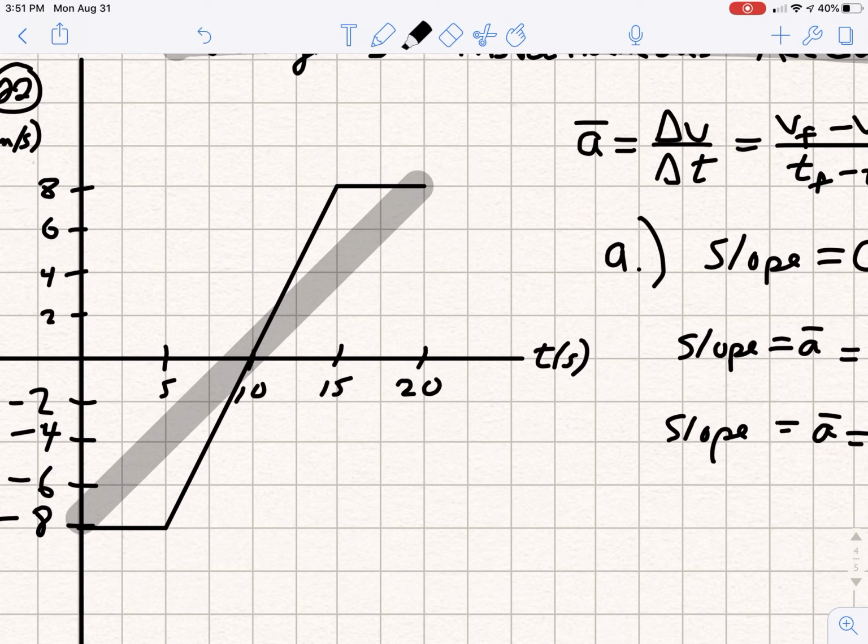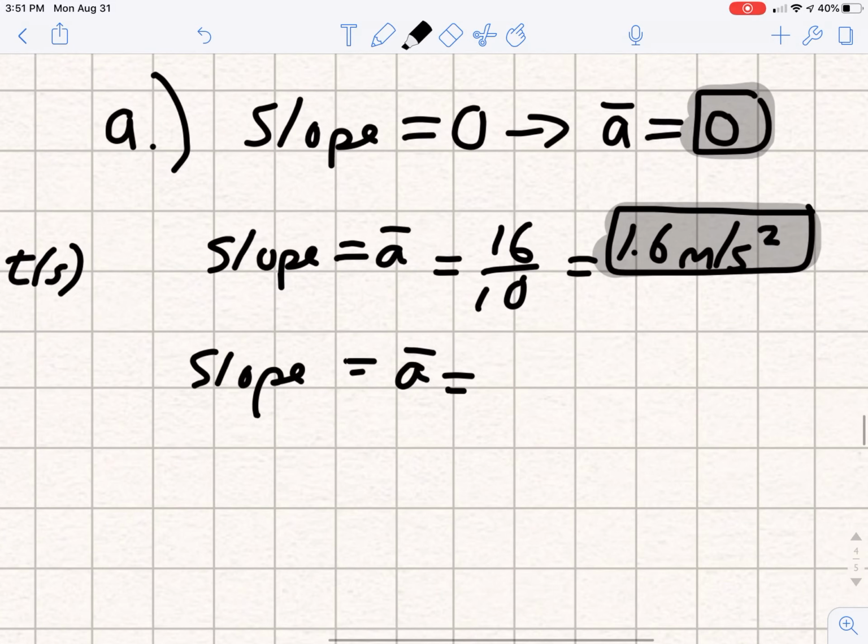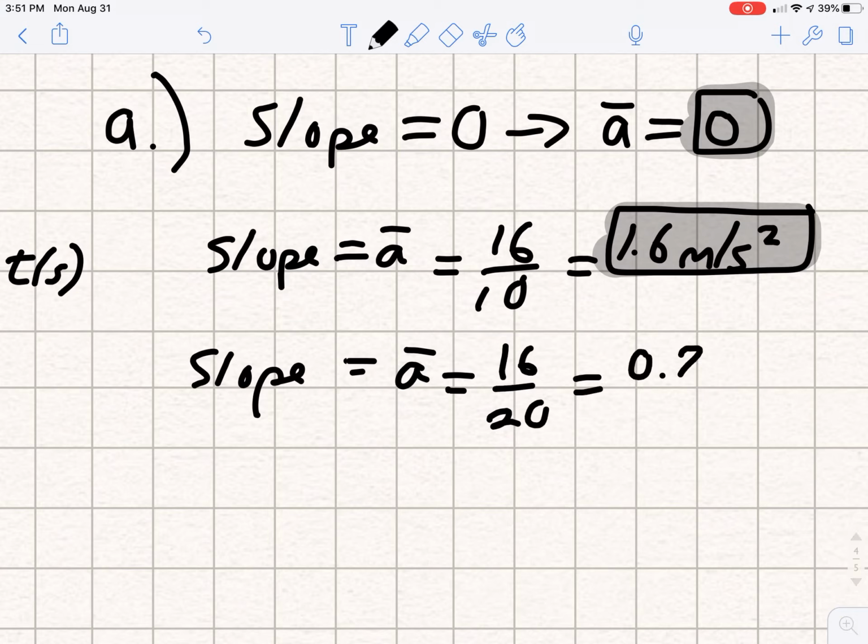Well, that would be either up 8 over 10 or up 16 over 20, just as a couple possible examples. Giving us a slope of about 0.8 meters per second squared.